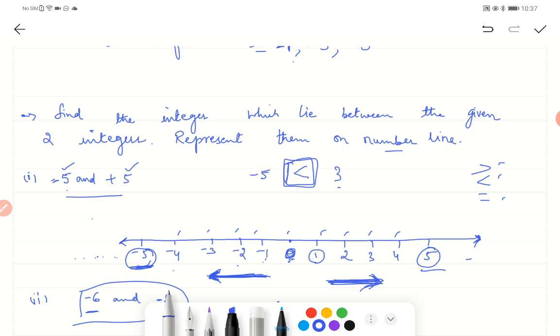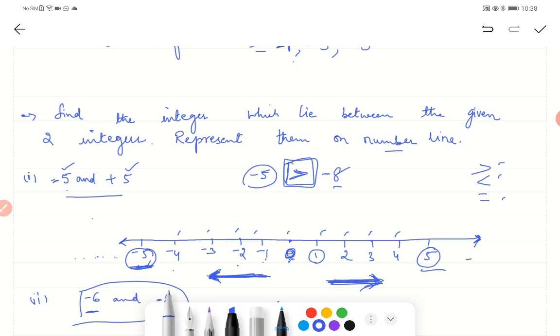Suppose I took here minus 5 and minus 3. Now tell me, what symbol should I use here? Again, minus 5 is less than minus 3. If suppose I took here minus 8, what symbol will you get now? Minus 5 is greater than minus 8, isn't it?